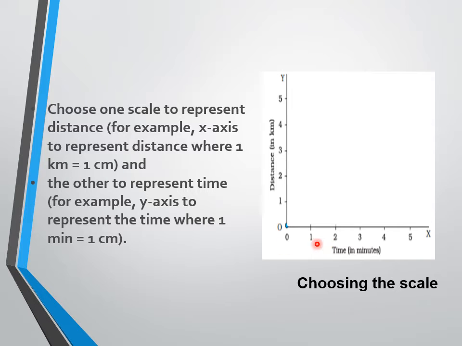For example, OX, time in minutes, and OY, the distance in kilometers. For example, if a car is traveling 1 minute, it's covering 1 kilometer.